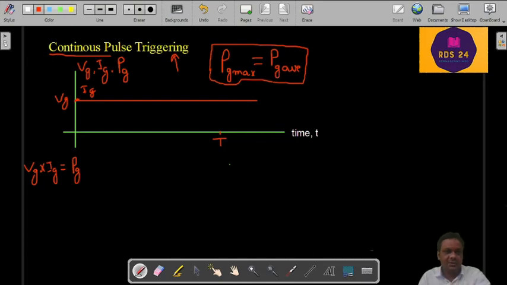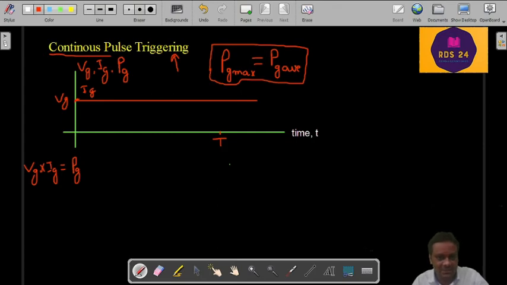So when we are doing numericals, if it is written that continuous pulse triggering is used, that means at that point of time we are going to consider Pg max and Pg average as equal quantities.